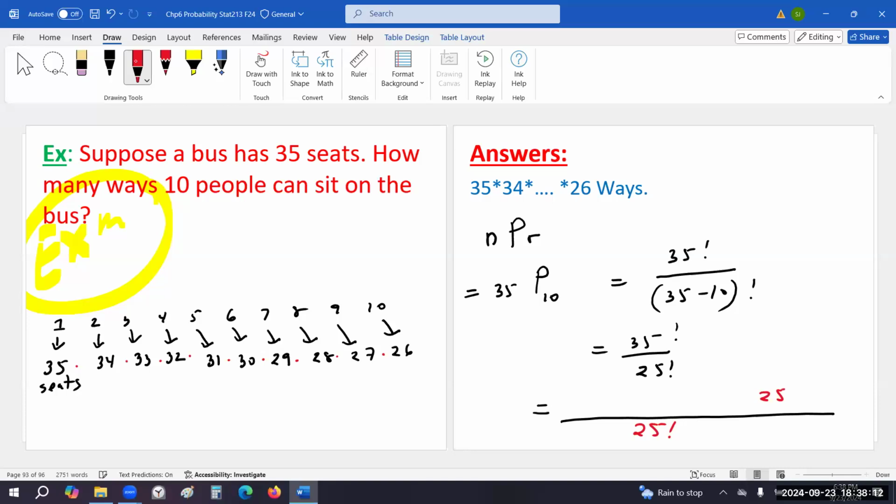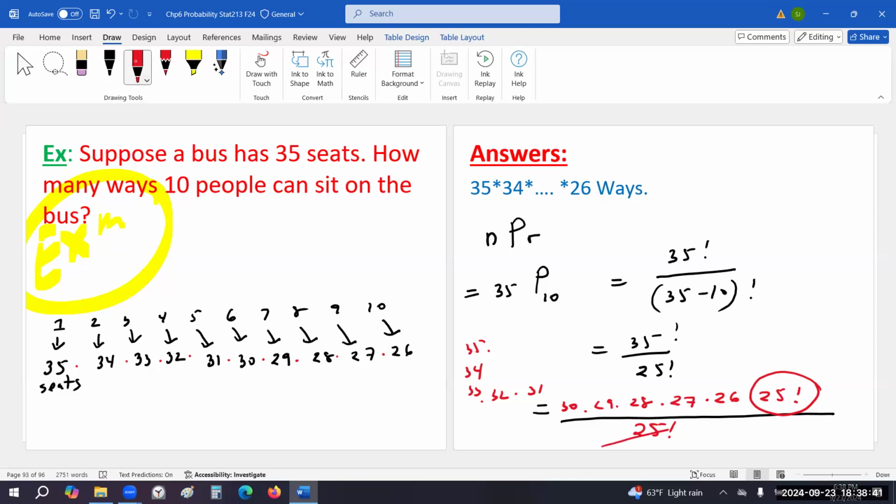So all the numbers 1 to 25 gives us 25 factorial. That means we are left with 26 before, and then before that we are left with 27, and then 28, 29, 30, 31, 32, 33, 34, 35, right? So 35 times 34 times 33 times all the way to 26, and then I'm stopping and writing 25 factorial.